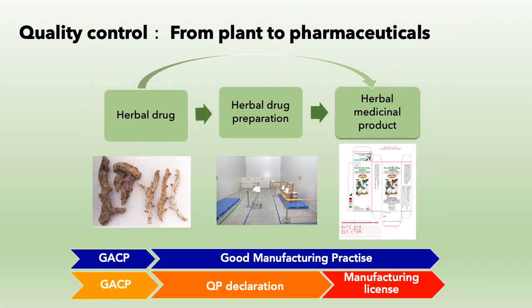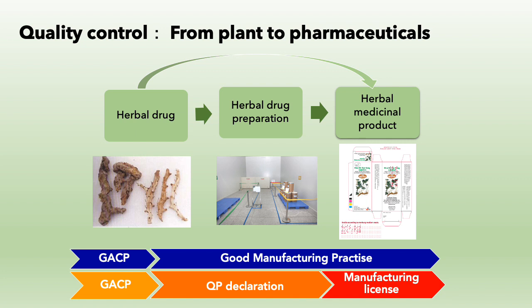When we look at quality control from plant to pharmaceuticals, you have the herbal drug, you make the herbal drug preparation, and then you finish the herbal medicinal product. Here is an example: we start with the root of Dioscorea nipponica, then we make the extract, and finally we make a capsule for treatment of pain.